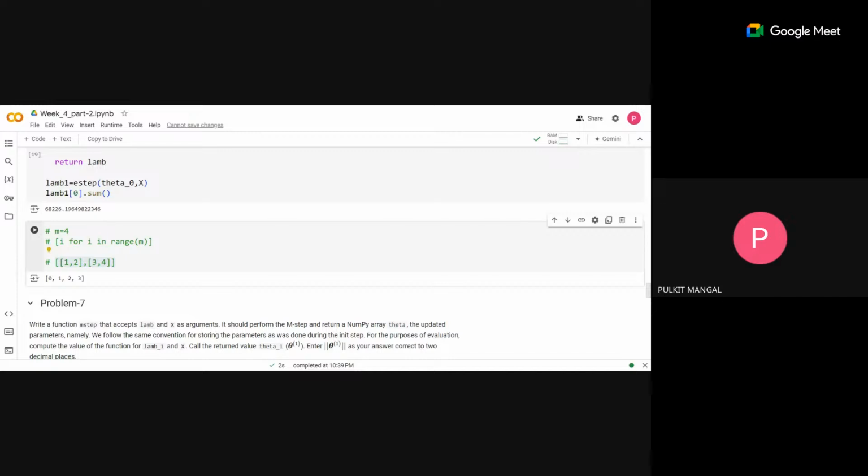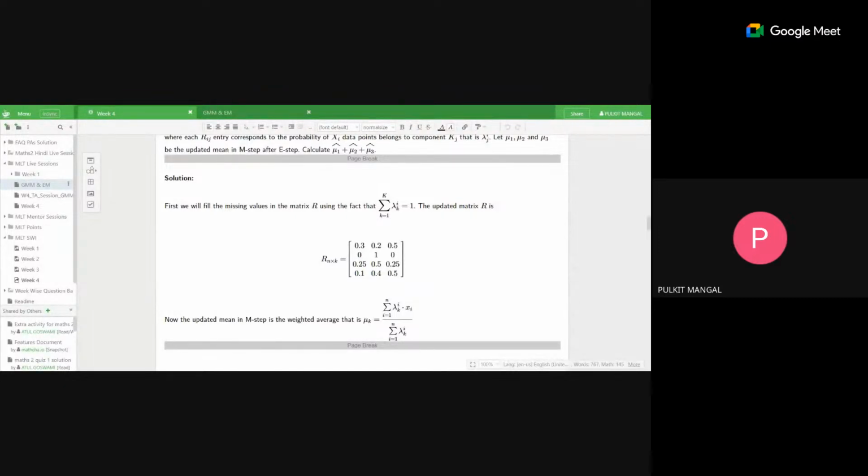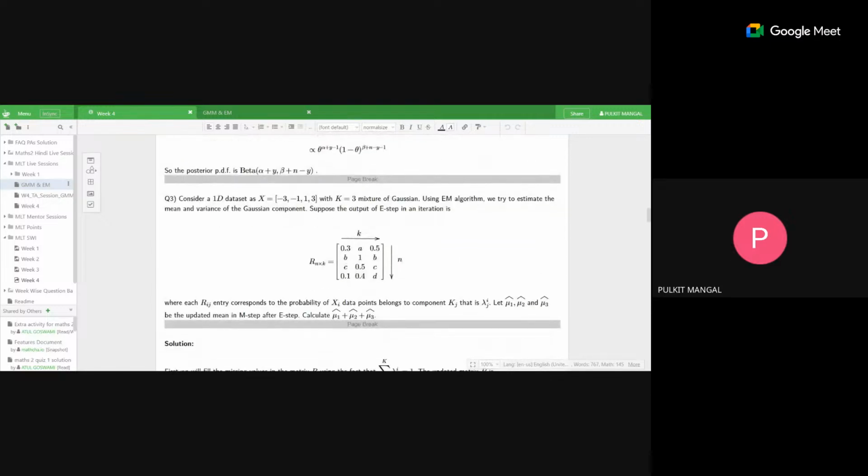So look at this matrix again. It's the same type of matrix in terms of order. In that also we have k columns and n rows, which is n cross k. So I am extracting the first row and summing the elements of that first row. What should I get? 1, sir. Okay, and what the question asks for is the sum of the first column. Is it clear now what I was asking and how the matrix structure is?